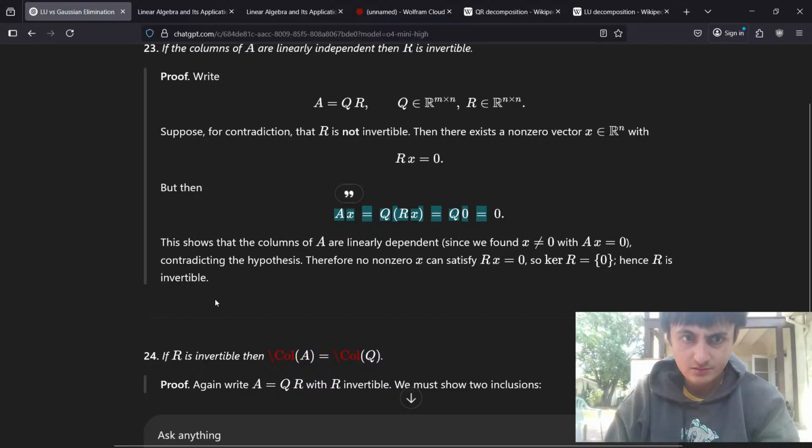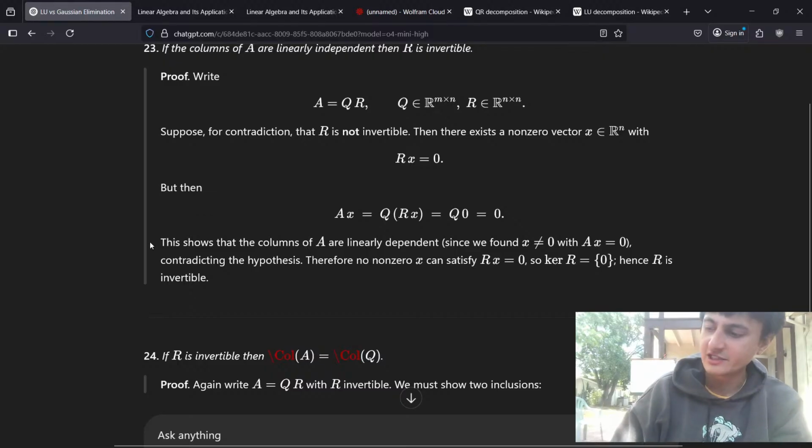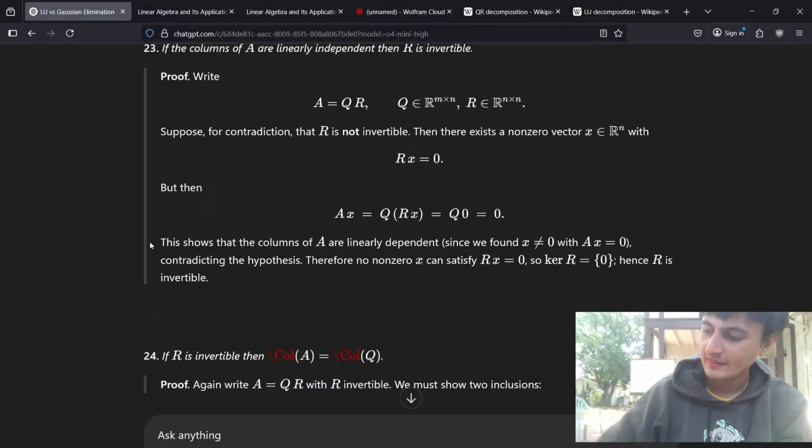Okay. Oh yeah, that's easy. Oh, I should have been able to figure that out. Consider for contradiction that there exists x not equal to 0 such that Rx is equal to 0.